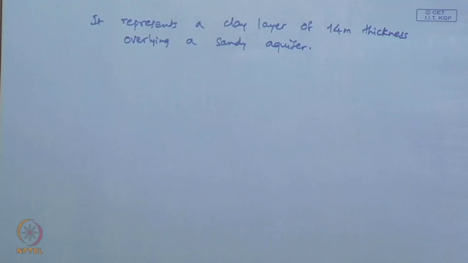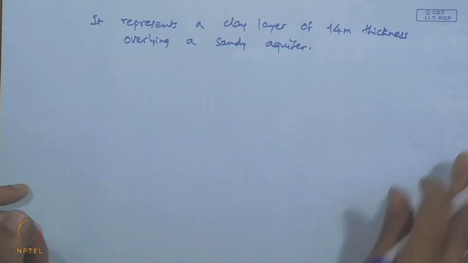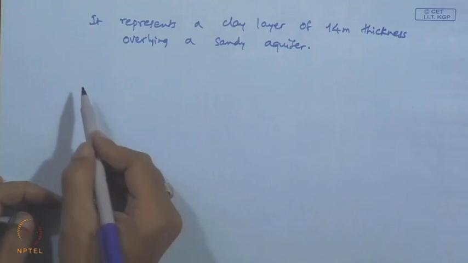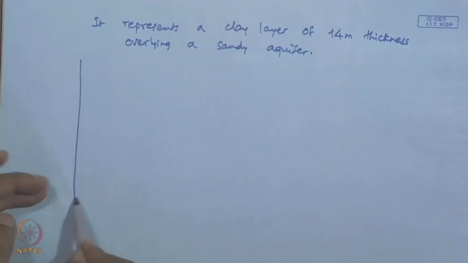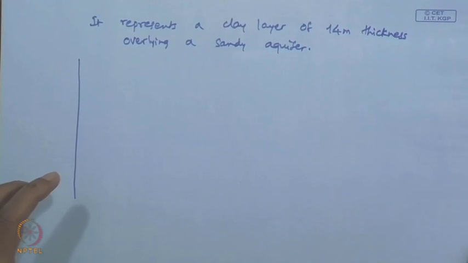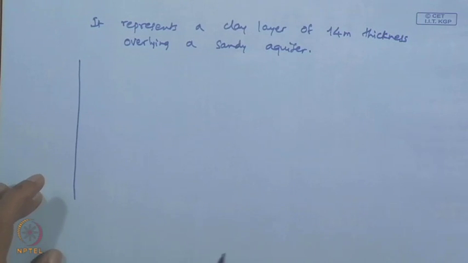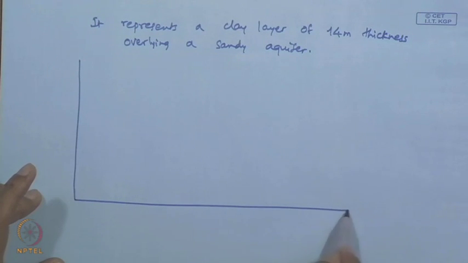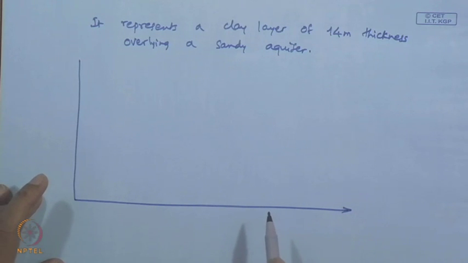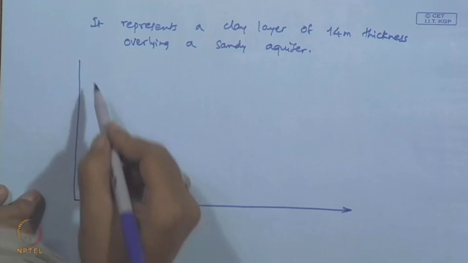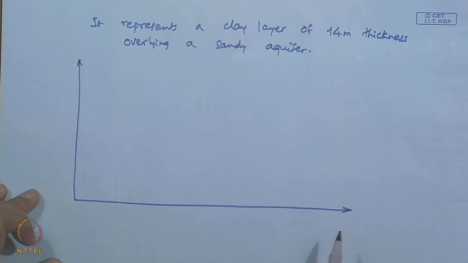There is also another method of interpretation of the results. In this case, this is using the Venner arrangement. This is a semi logarithmic plot, and the horizontal scale is in terms of distance.